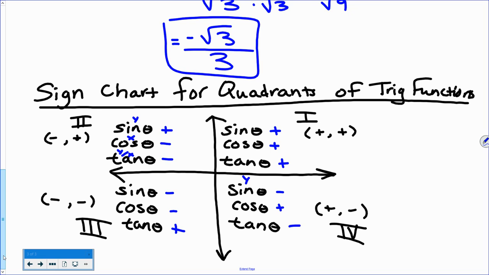So you shouldn't have to memorize that by any means, as long as you're familiar with which ones are reciprocal. This is not a chart that you have to memorize necessarily either. You're just understanding the ratios and where things are located. But it's a nice little visual just to figure out why something would be positive or negative in a certain quadrant.